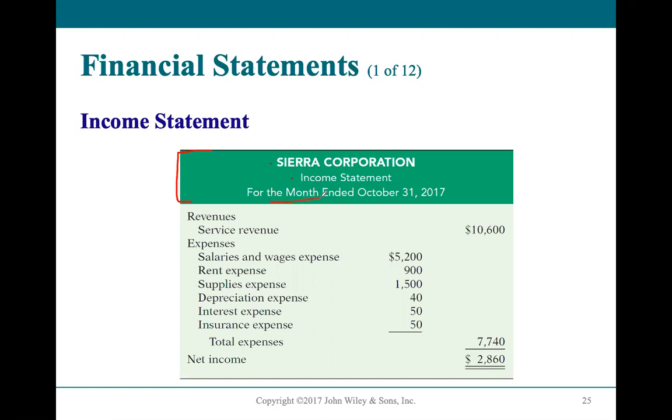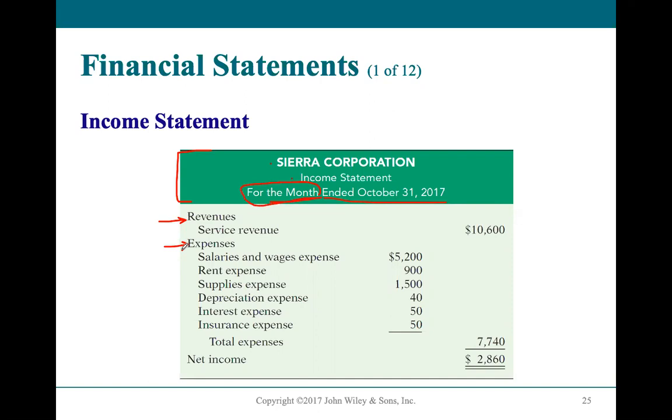Now here, this is for the month, because this particular income statement tells us everything that happened in October of 2017. So from the very first day it opened, October 1st, to the very last day of the month when it closed, these were the revenues of that particular company, and these were the expenses of that particular company in that time frame.